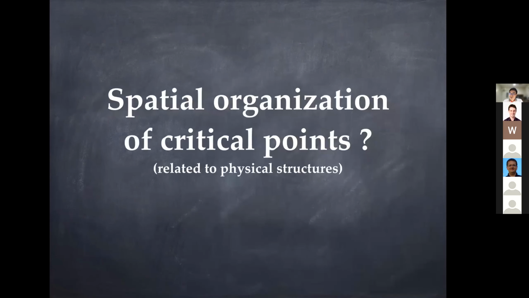So, so far we have focused on distance scale between different types or same types of critical points. And then you may wonder how these critical points are spatially organized in our universe and its relevance to physical structures.